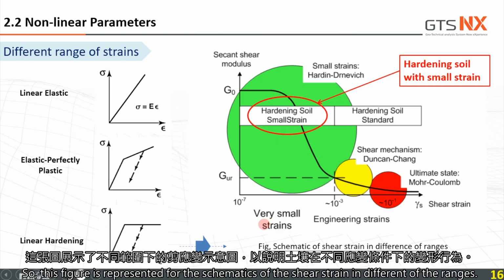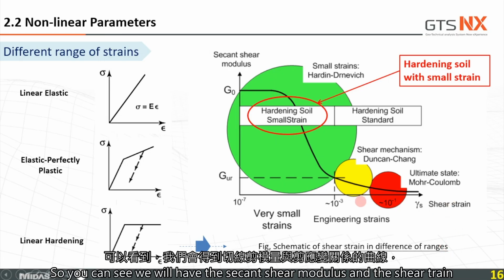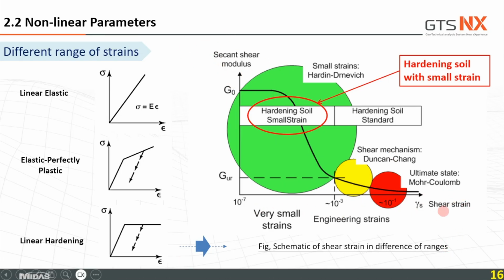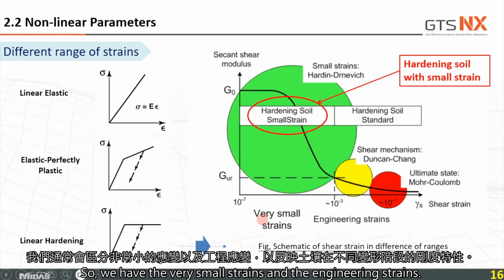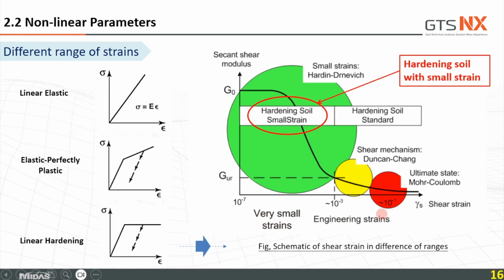This figure represents the schematic of the shear strength in different ranges. So you can see we have the secant shear modulus and the shear strength relationship, but we have different strain ranges of the model. We have the very small strain and the engineering strain.